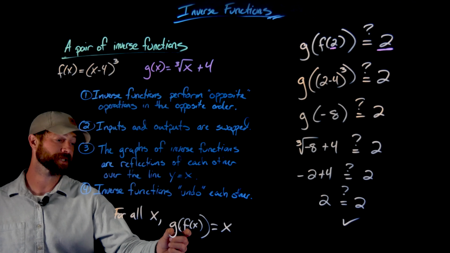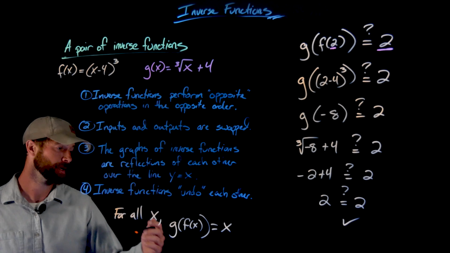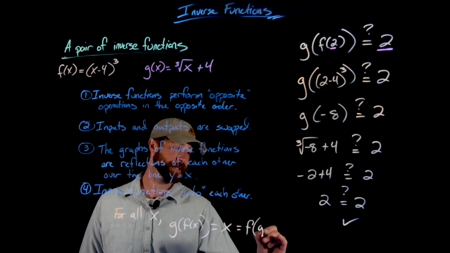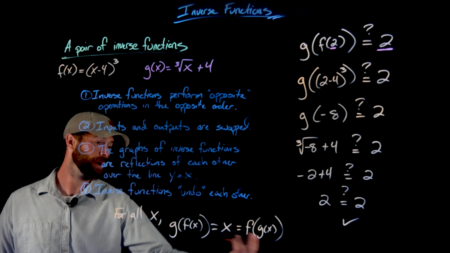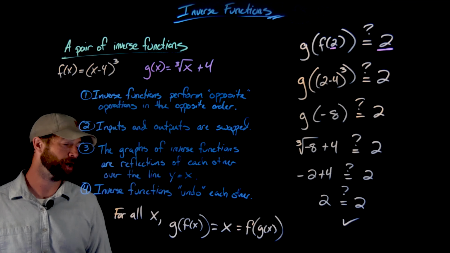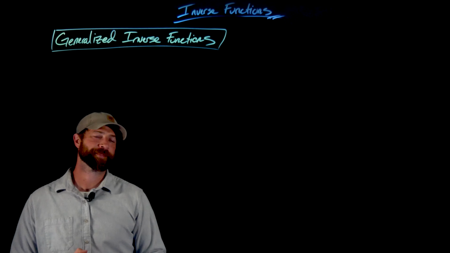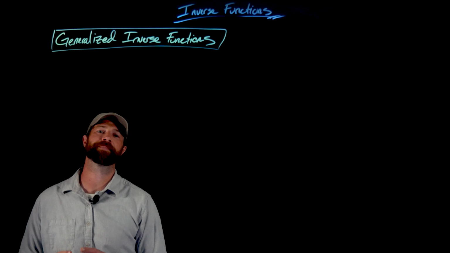So I could switch this around to say f of g of x would also output x. Or how about I just show it right here? This is exactly the same statement. If I have two inverse functions, no matter how I compose them, I'll always output the original input of that inner function.